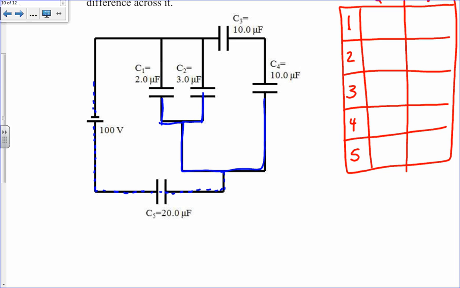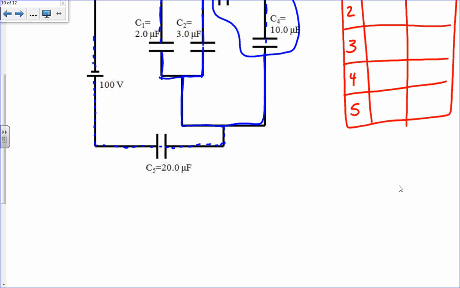Those three capacitors are all parts of three separate parallel branches. Now these come back together at this point. Go through this capacitor and then through another capacitor. So these two capacitors are in series.